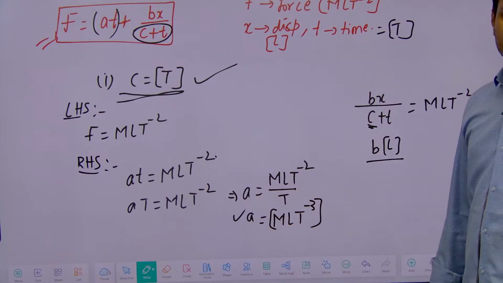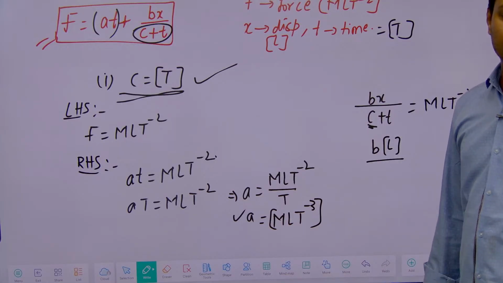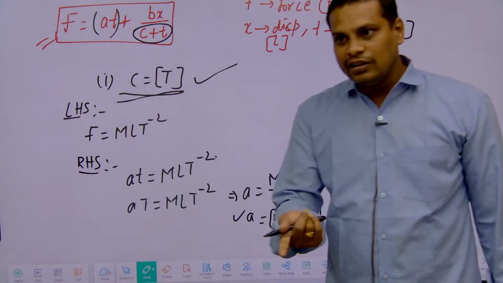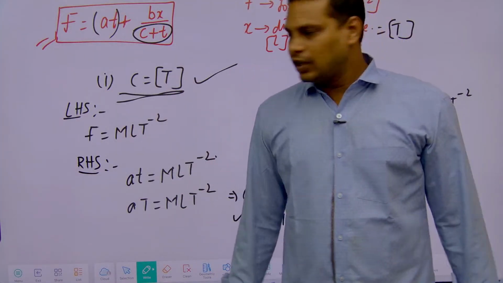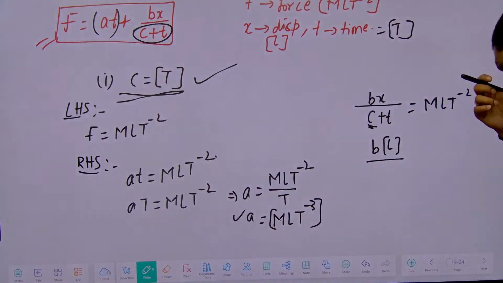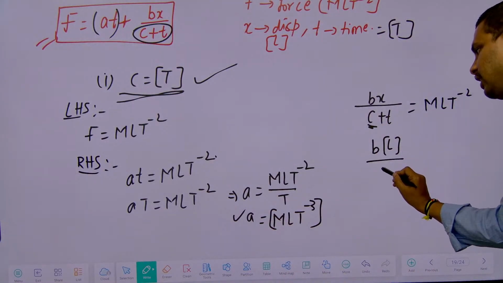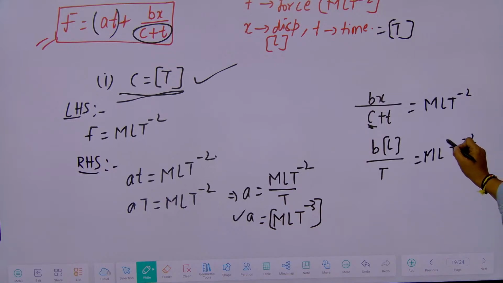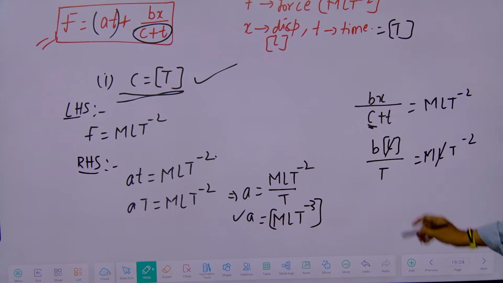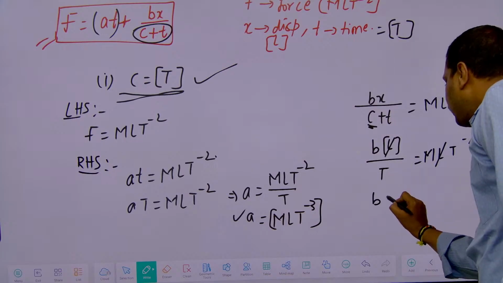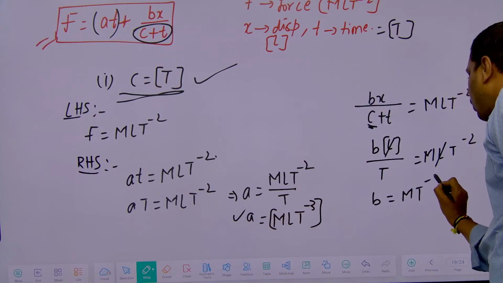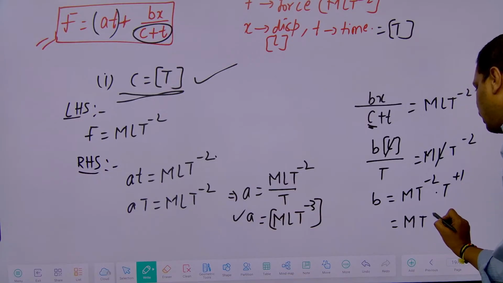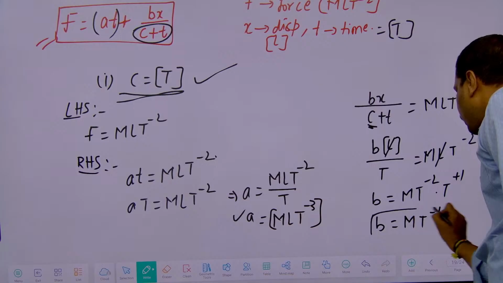Addition or subtraction takes place between the same dimensional formula, and if you add one dimensional formula to another, we get the same dimensional formula. So C plus T, that is T plus T, is T, equal to MLT power of -2. Cancel one L, then bring this T to the right side. Then B is equal to MT power of -2 into T power of +1. Then the total dimensional formula is MT power of -1.